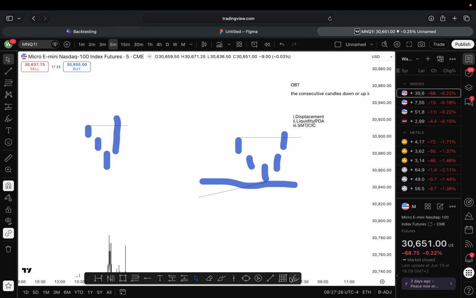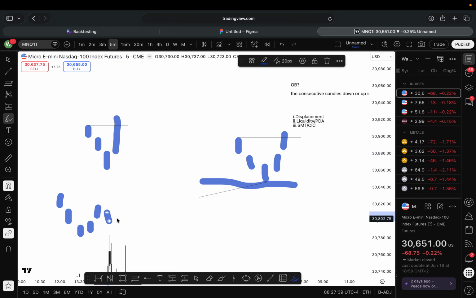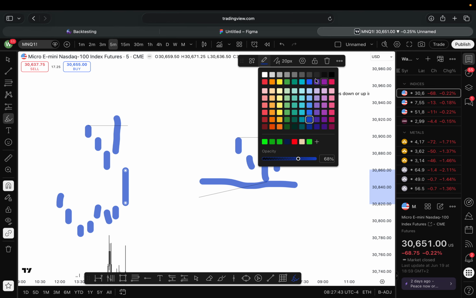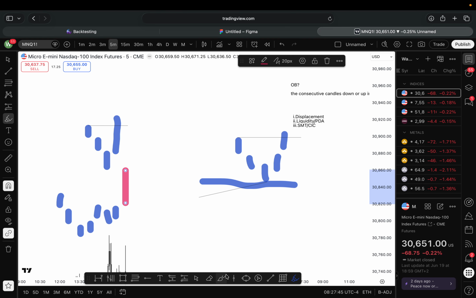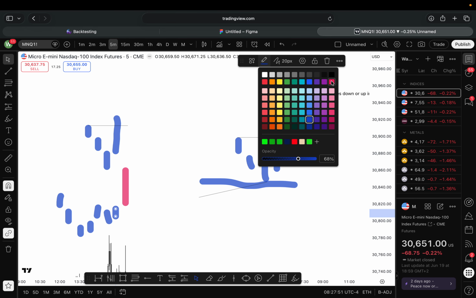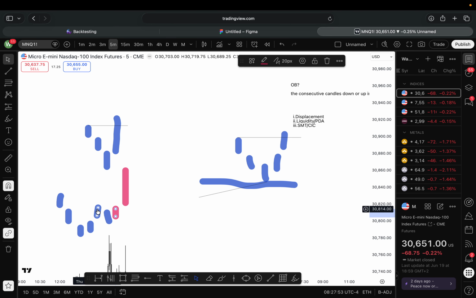Or we could see something like this. I'm just going to change some of these colors to make it easier to read. The pink is bullish candles.